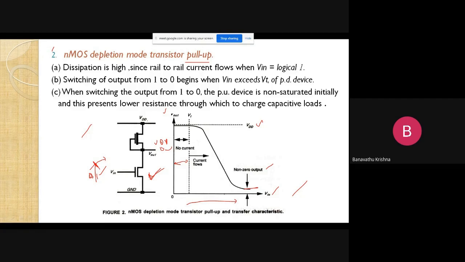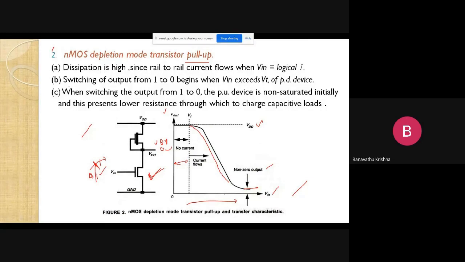Then there is a path between VDD and ground, and the current flows through the device. This is the response going like this. After exceeding a certain level, the device goes into saturation mode. Then we are expecting a non-zero output response.